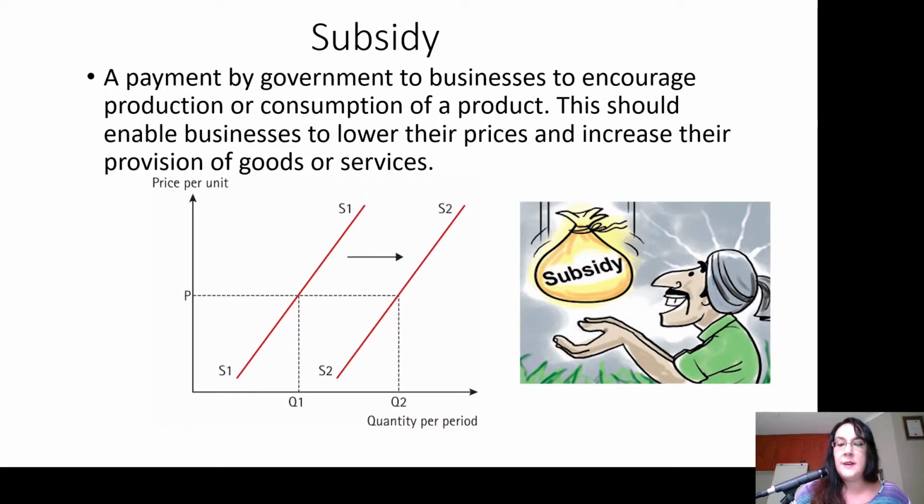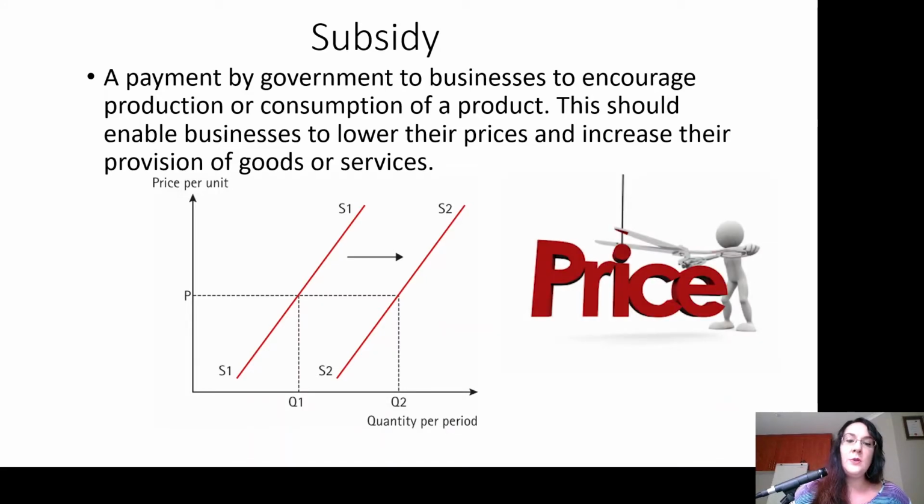The whole idea behind a subsidy is that government provides businesses with financial aid. This is not a loan, and they want businesses to increase their service delivery or the amount of goods they have available. This is also in line with the idea behind decreasing prices.